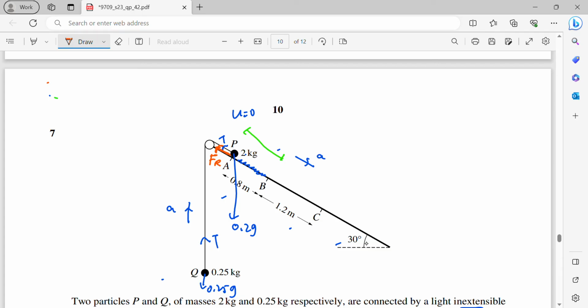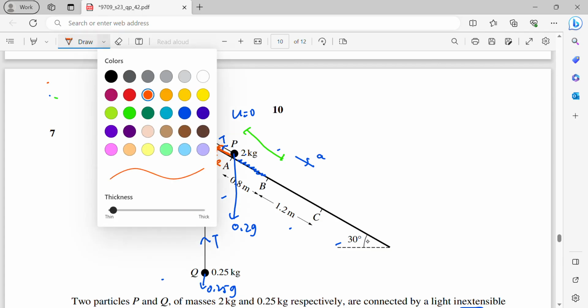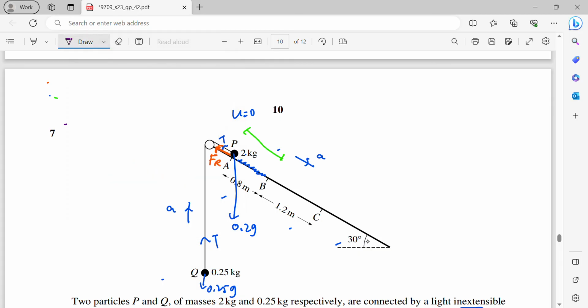Okay, and now I need to get the R first, because I have an Fr here. My R is basically perpendicular to the plane. This is my R. So I need to resolve. Right? So for your information, this is 30 degrees. That means here is the alternate angle, which is 60 degrees, and then here is going to be 30 degrees.